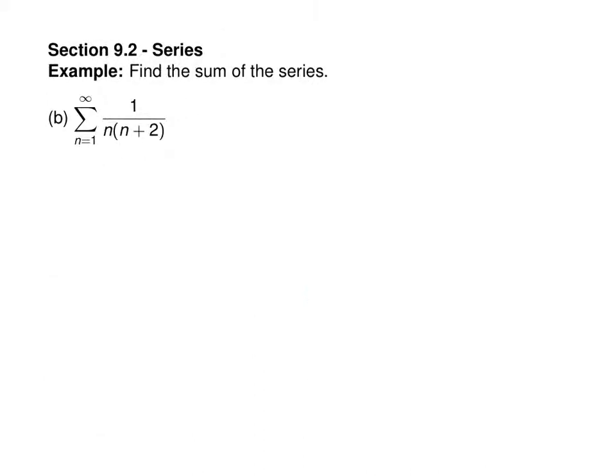So this next series is an example of a telescoping series. So before we start, we have to use partial fraction decomposition to rewrite 1 over n times n plus 2 as a sum of two fractions. So a over n plus b over n plus 2 is equal to 1 over n times n plus 2.